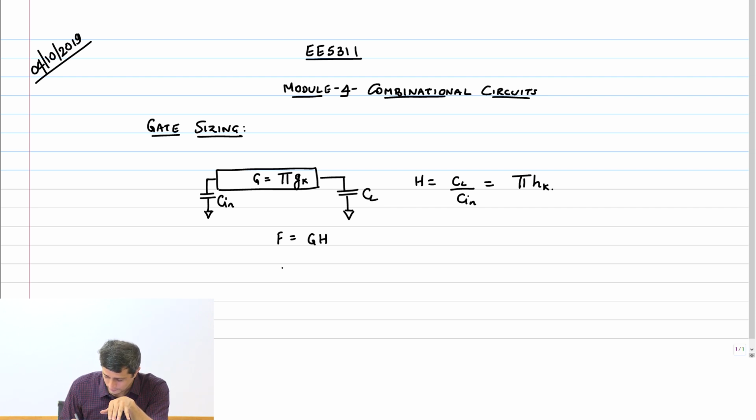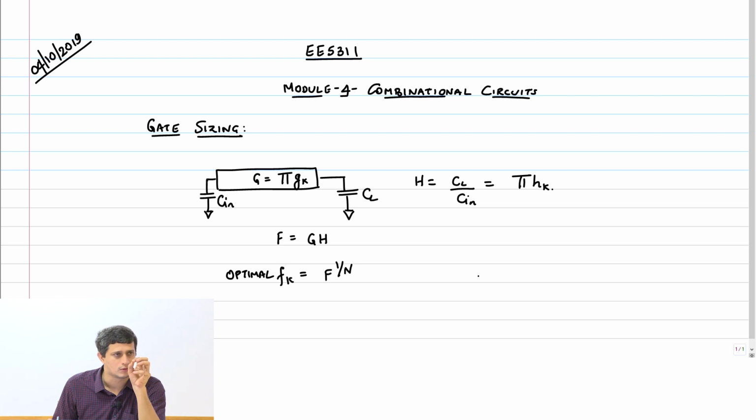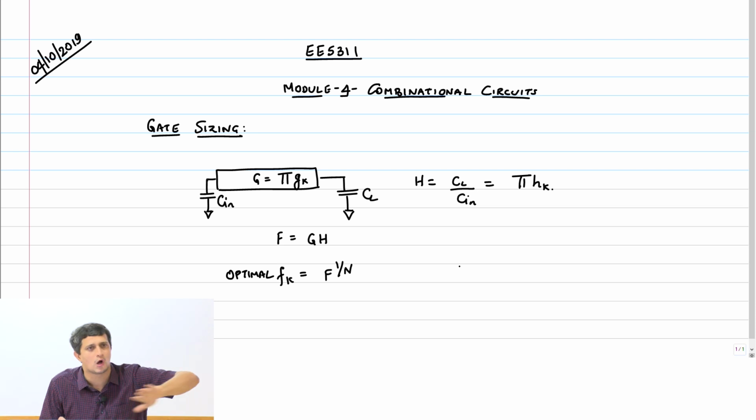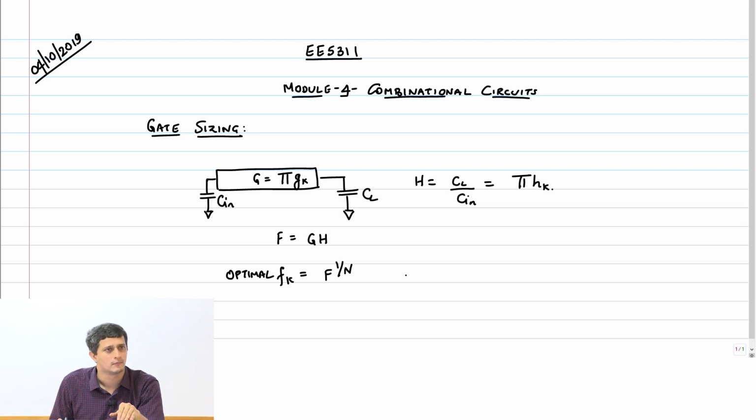So the optimal stage effort, optimal Fk, is F power 1 by n, so that the job of charging the load capacitance is evenly distributed amongst all the gates in that circuit. This circuit contains n gates. That's what this n is. So it has n logic gates.